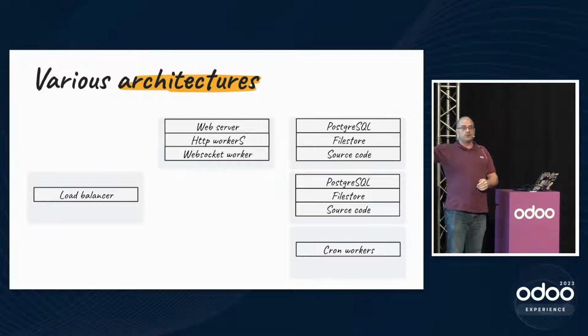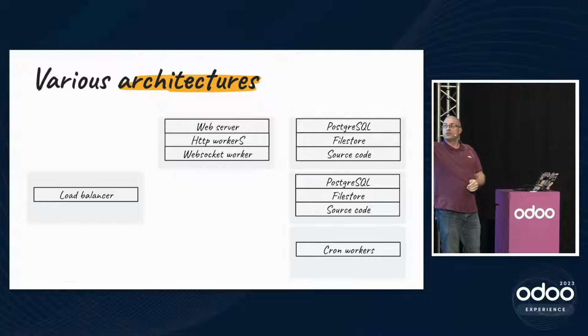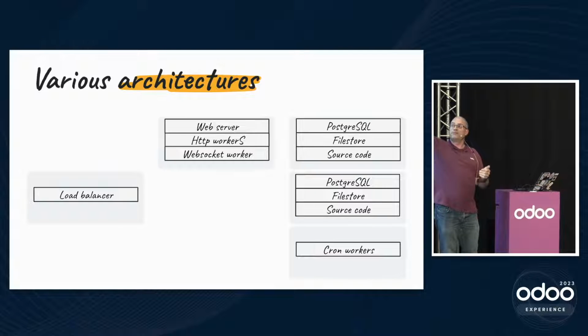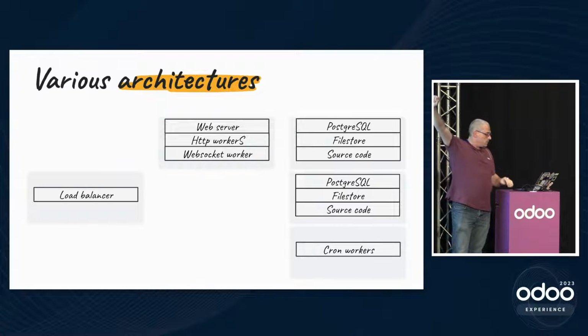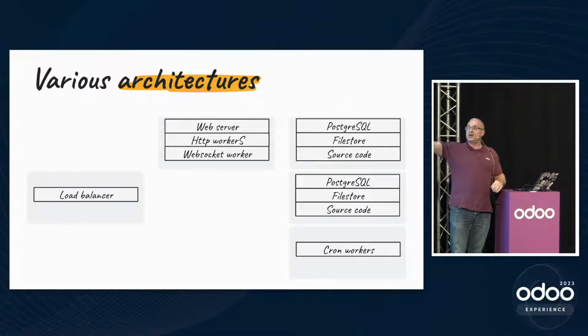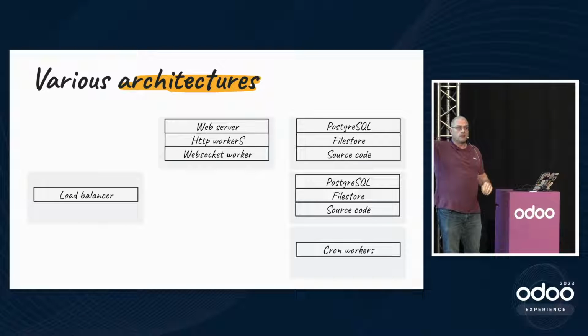If I put a load balancer in front of that, the load balancer will be able to receive all the HTTP requests and send them to the web server of the Odoo server. Once you have deployed this load balancer, you just have to duplicate the Odoo box.